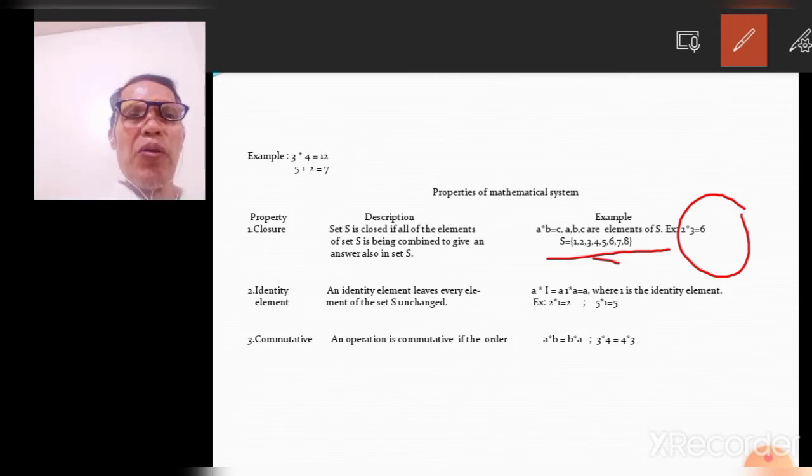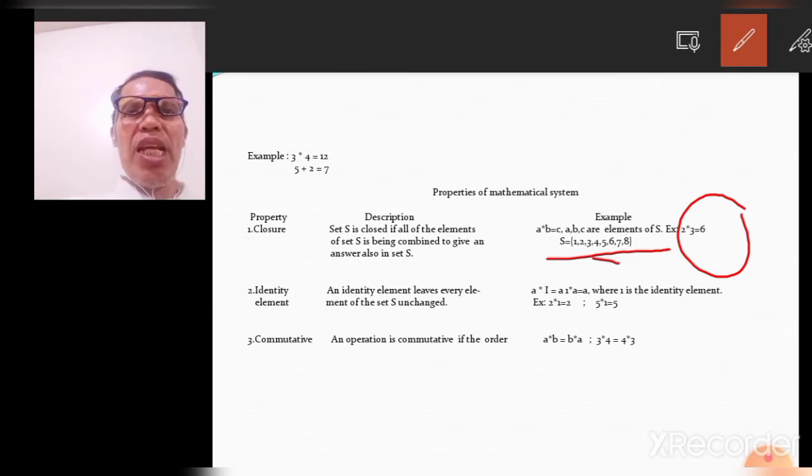How about if we are going to multiply 3 times 4? 3 times 4 equals 12, but 12 is not one of the elements of the set. The same thing with 5 times 6 is 30, 5 times 7 is 35, 6 times 7 is 42. They are no longer one of the elements of the set.